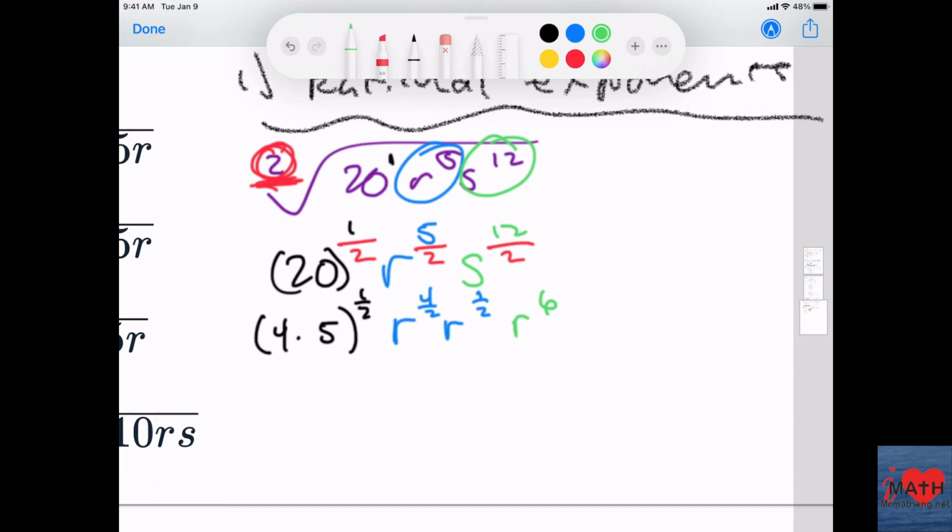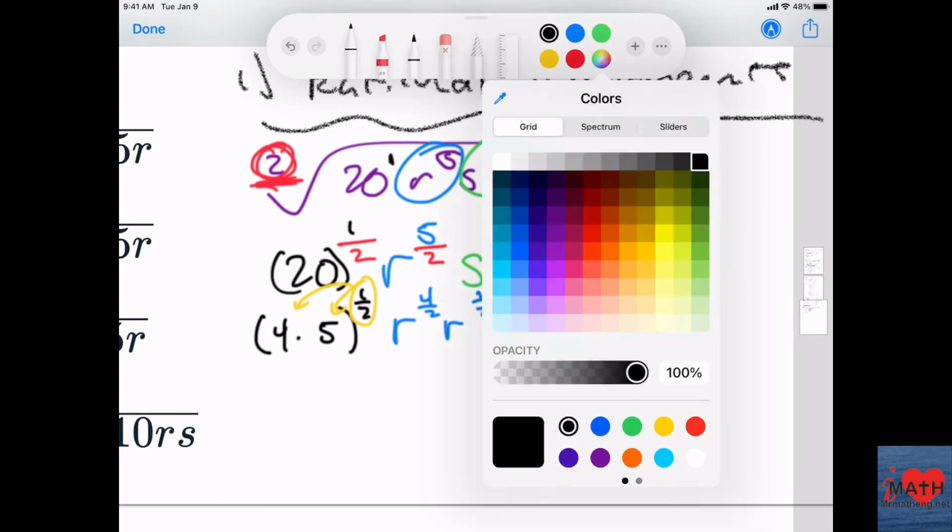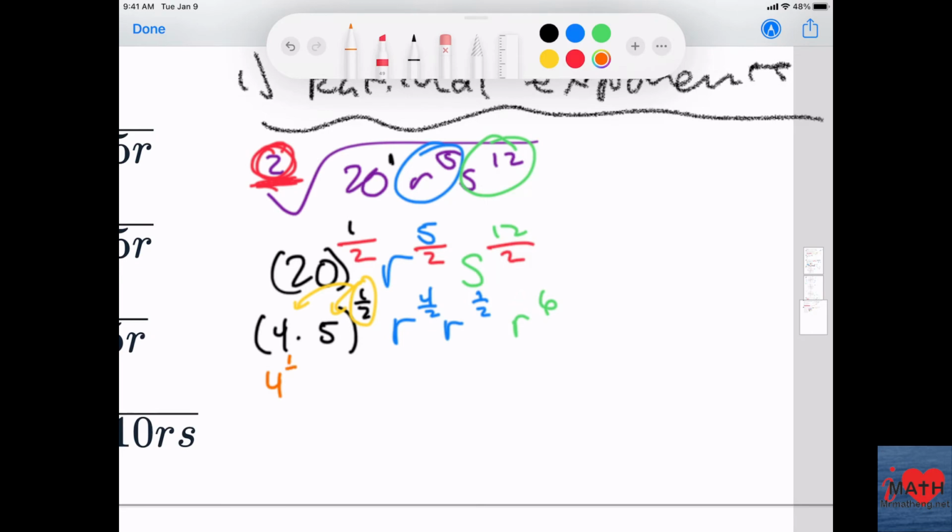Over here, we distribute the 1/2. The square root of 4, or 4 to the 1/2, is just 2. 5 to the 1/2 cannot be simplified, so that one stays.